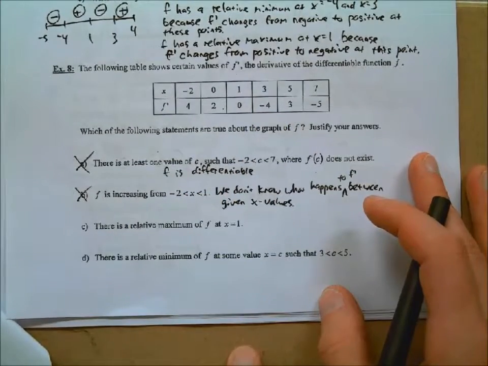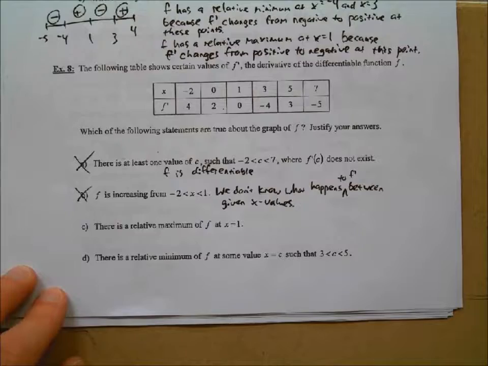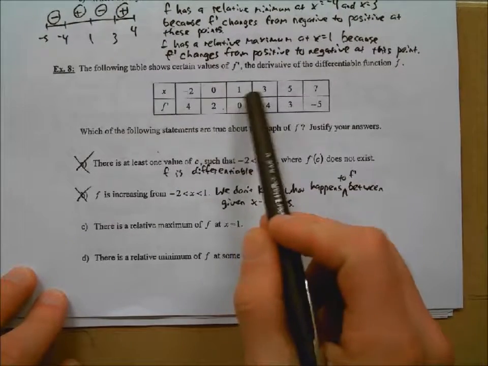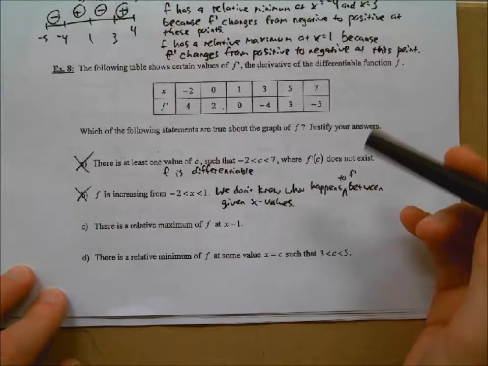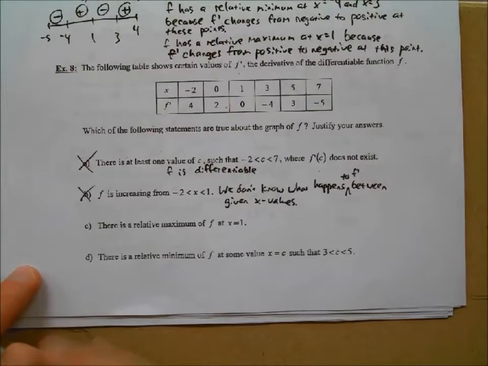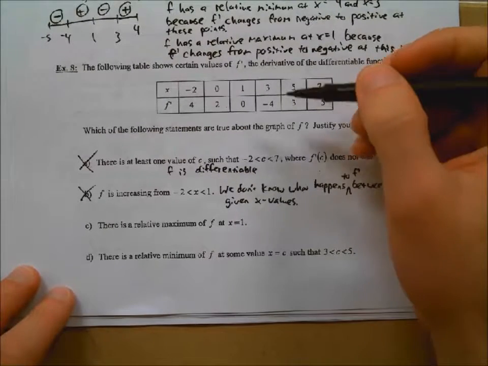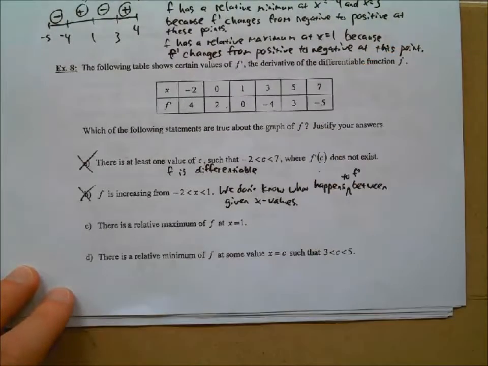Okay? But what's the problem? We don't know what happens between these points, right? So, for example, we don't know if it's staying at 0. Oh, now I want to be careful here.